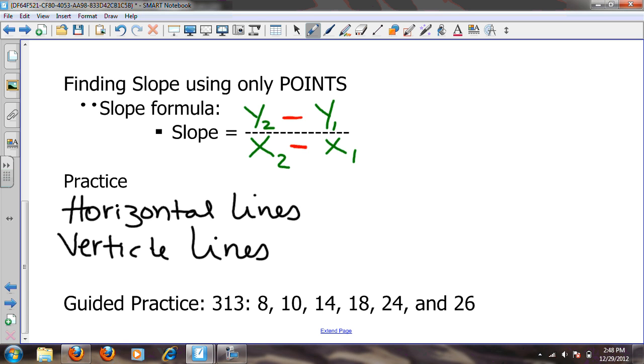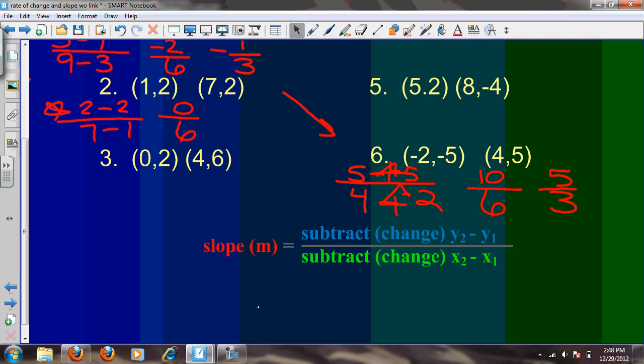Horizontal lines, slope is going to be 0, because in a horizontal line, your y value does not change, which is what we had here in number 2. This was going to be a horizontal line because 0 divided by 6 is 0. A slope of 0, horizontal line.